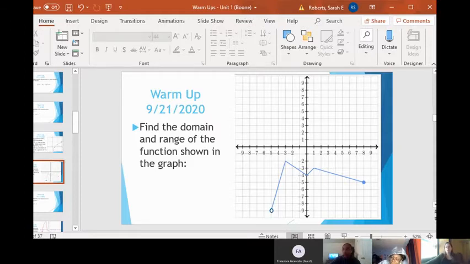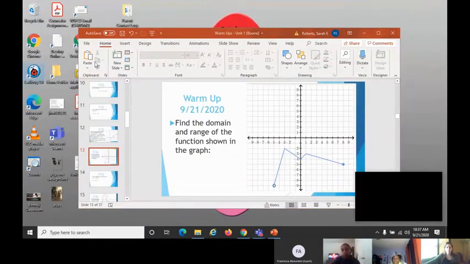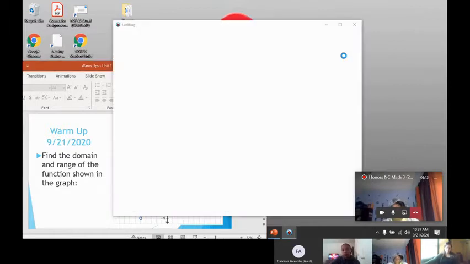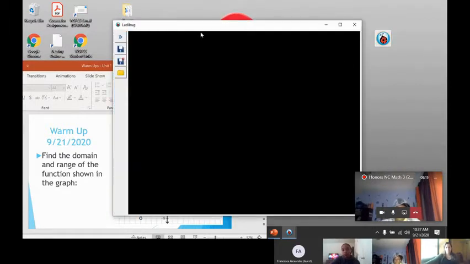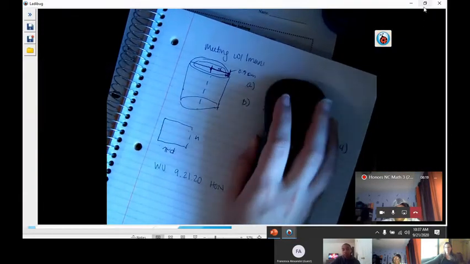Okay, so I'm going to switch screens so that you guys can see both the warm-up and the document camera. And I'm also going to open the document camera. Don't do that.